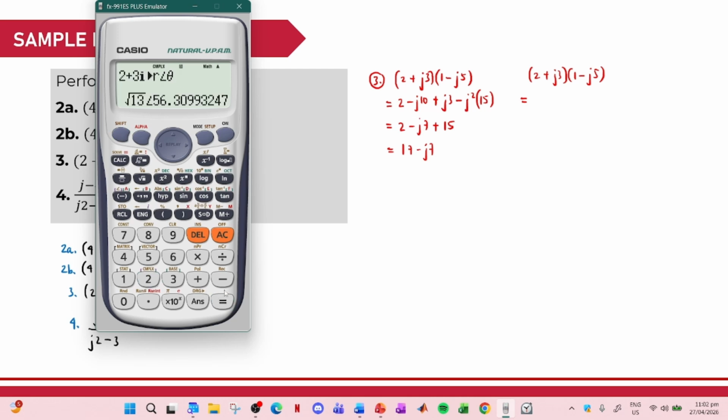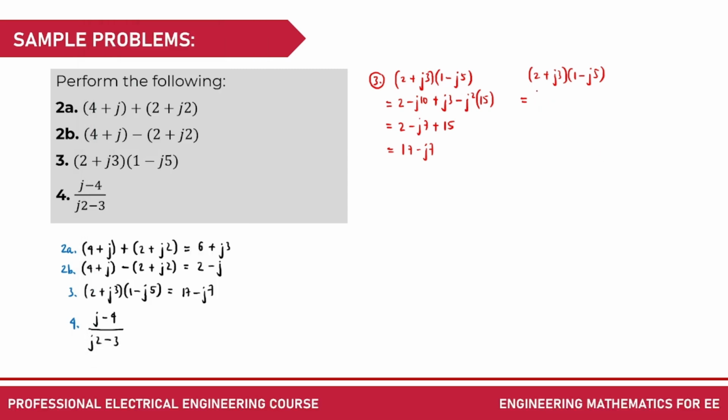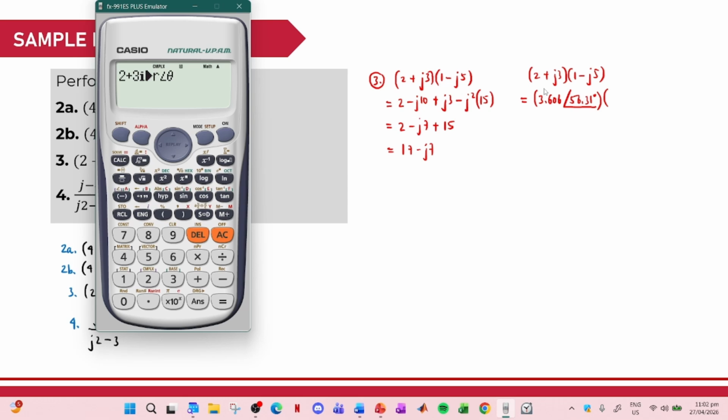That one, we have 3.606 and then angle 56.31 degrees. And then multiplied by 1 minus j5.